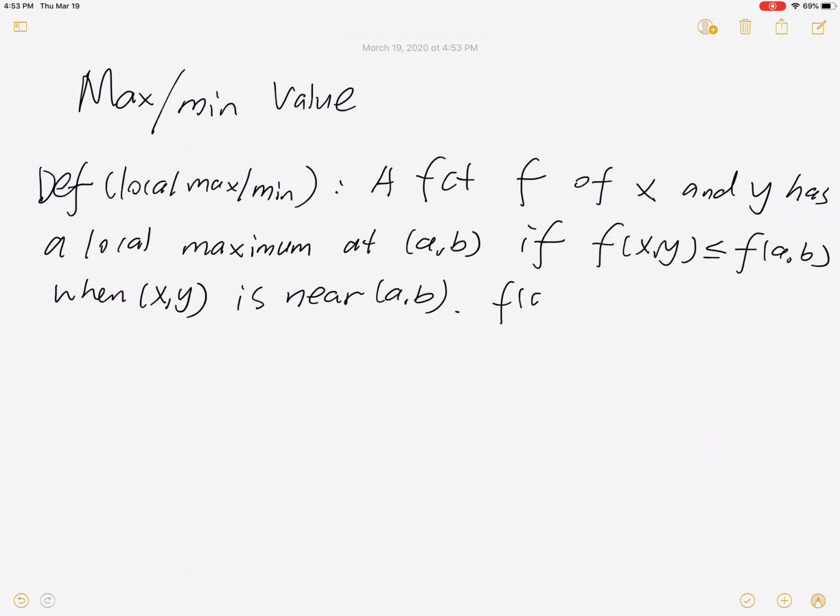And then f(a, b) is called the local maximum value.